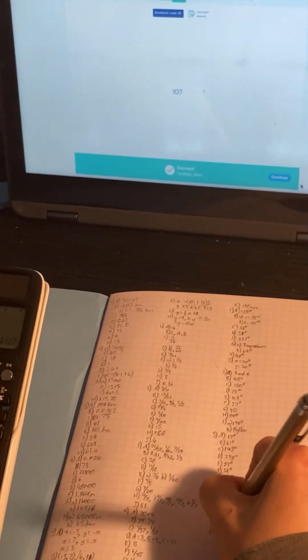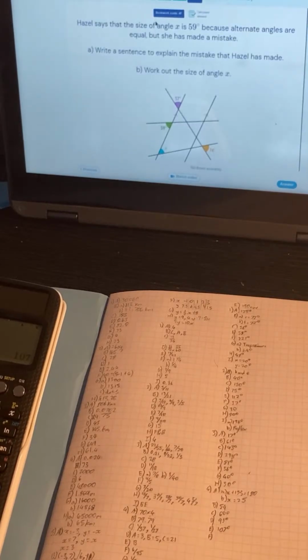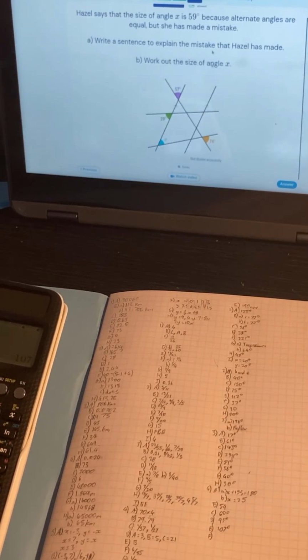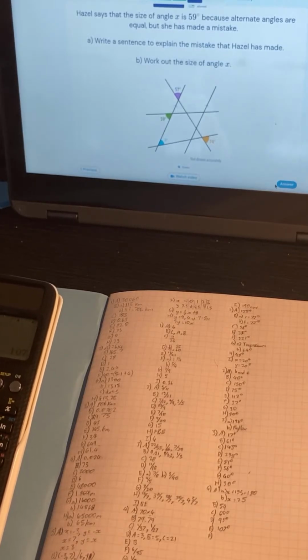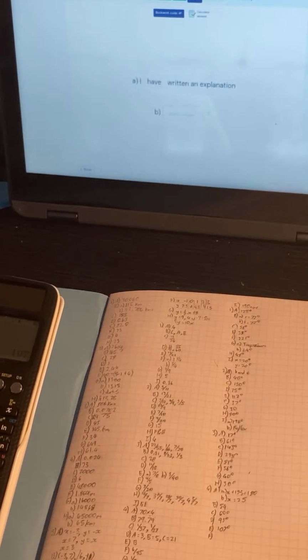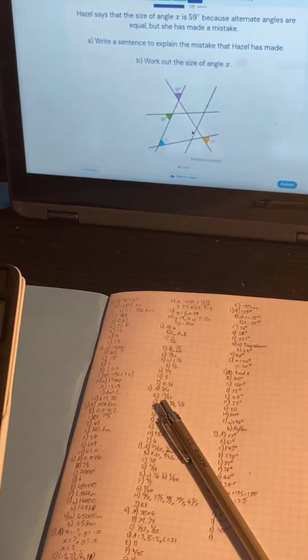Exterior angle. I have. Trust me. I have, bro. We can figure that out.